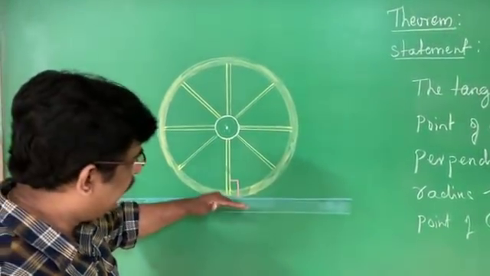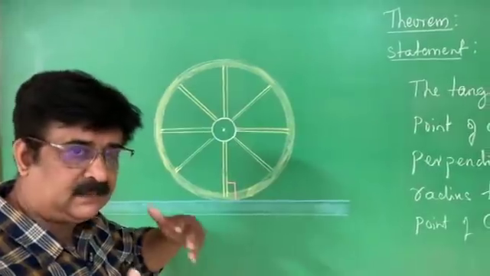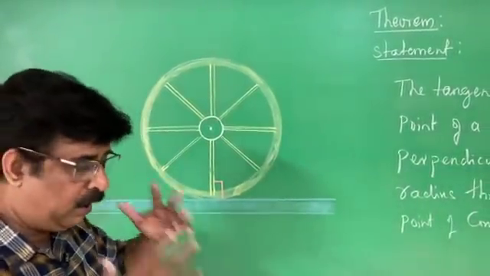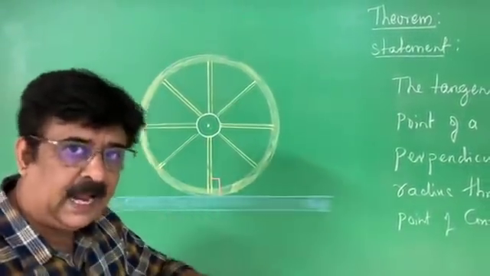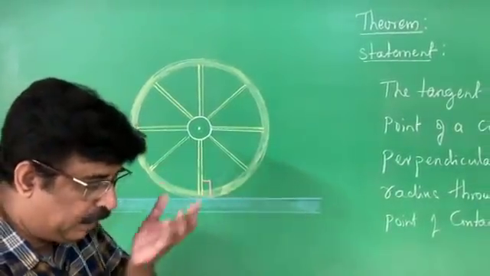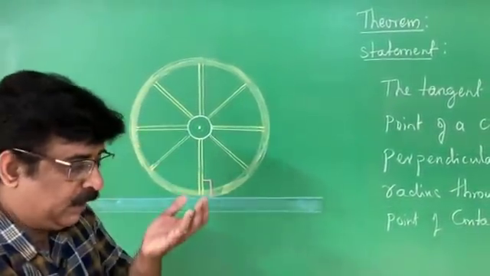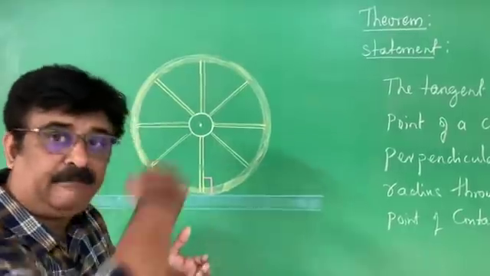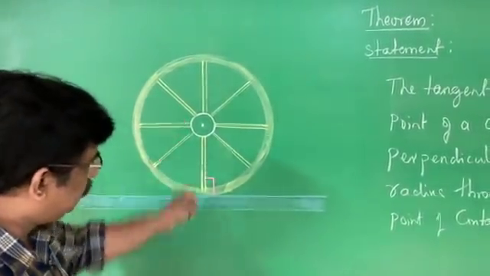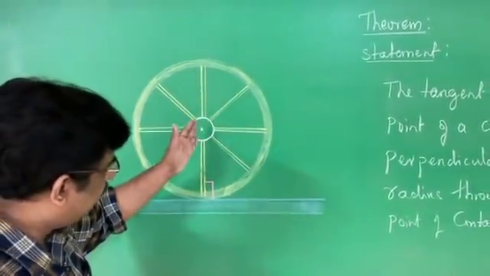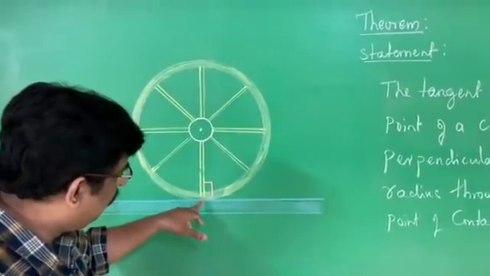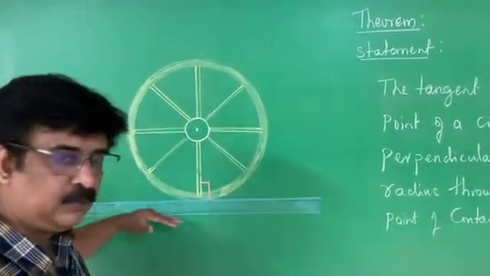You can imagine how many vehicles are moving on the road, all having wheels in contact with the road. The road is a tangent to the wheel, and the spokes are the radii. At one particular point, a radius becomes perpendicular to the road.